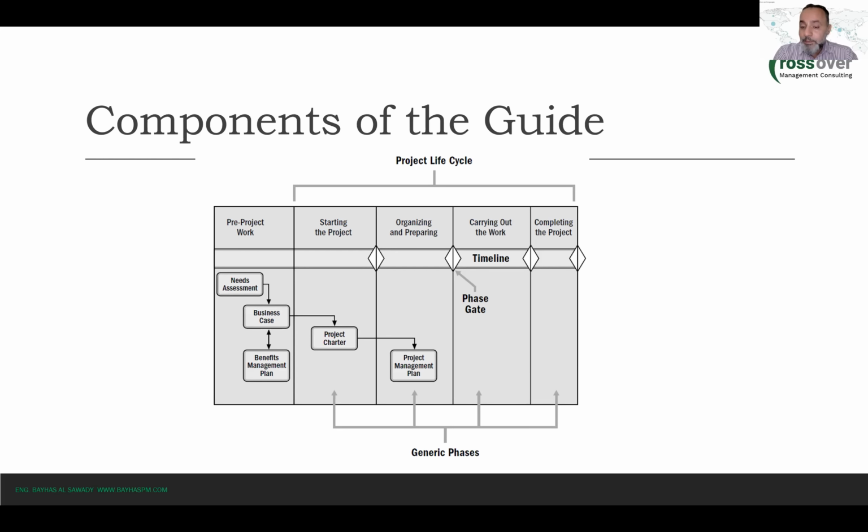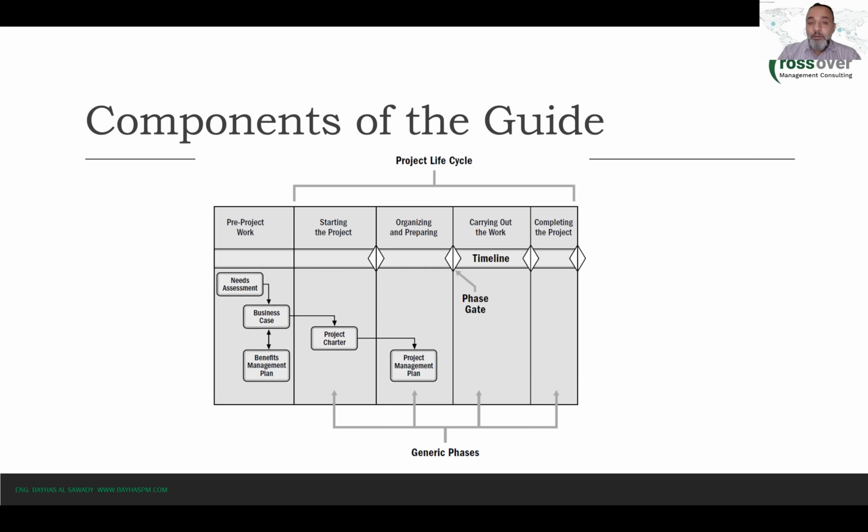Otherwise, it's going to turn out to be a black hole, consuming our resources, consuming our time, consuming a lot of dollars without achieving anything. And that happens, by the way. I think some of you have seen this: huge projects that went out of control and turned out to be like black holes, consuming a lot of time, a lot of money, a lot of resources without achieving anything.